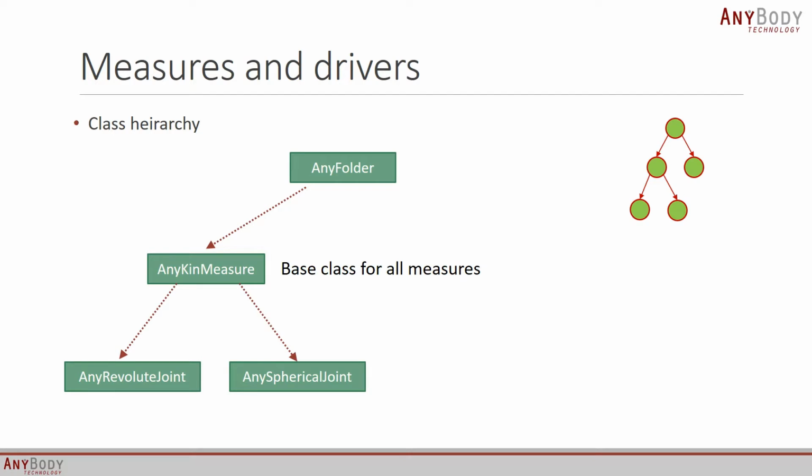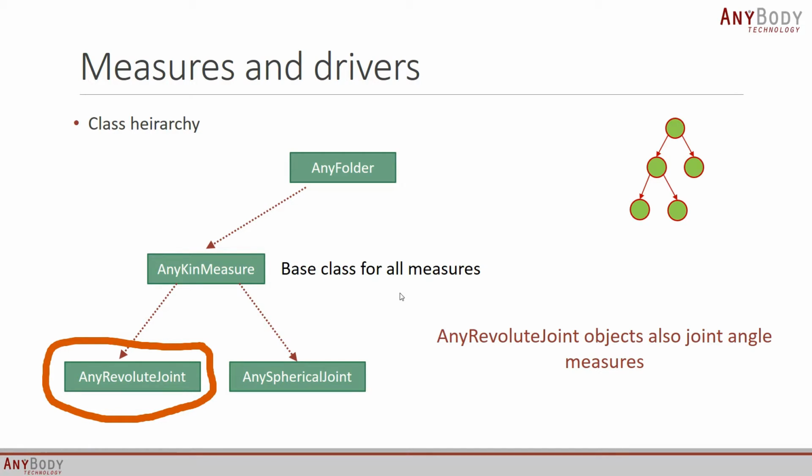Now, the classes that you use to create joints in anybody are actually descendants of the anykin measure class. And these joint classes, of course, include any revolute joint that we use to create our joint between segment 1 and the ground. So since any revolute joint has descended from any kin measure, any revolute joint is also a kinematic measure. And so you can use an any revolute joint object as a surrogate for the joint angle kinematic measure.